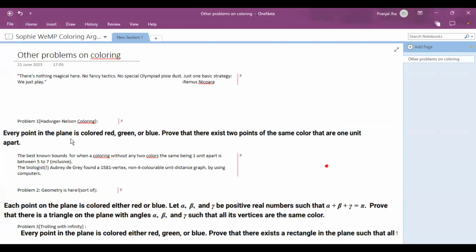In the question we have that every point in the plane is colored with 3 colors, red, green, or blue. We need to show that there exist 2 points of the same color that are 1 unit apart. Did everyone get the problem?